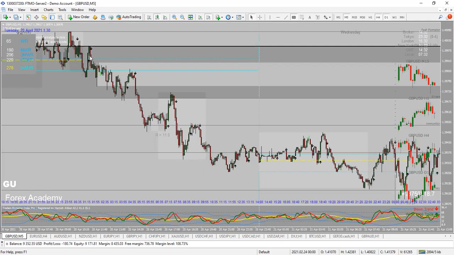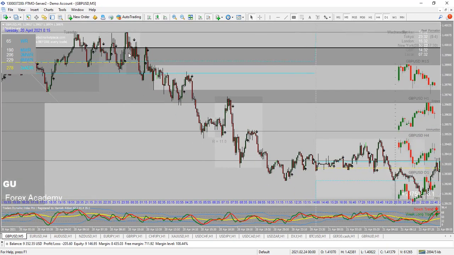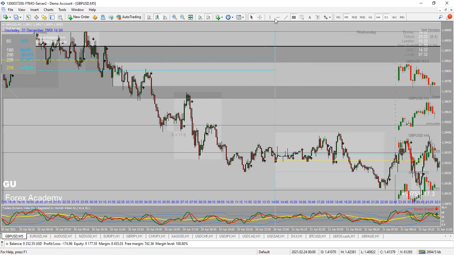Here is that order block. The market hasn't tested this order block. How will I identify that? I'll put in my Fibonacci from Tuesday on a 4-hour candle.